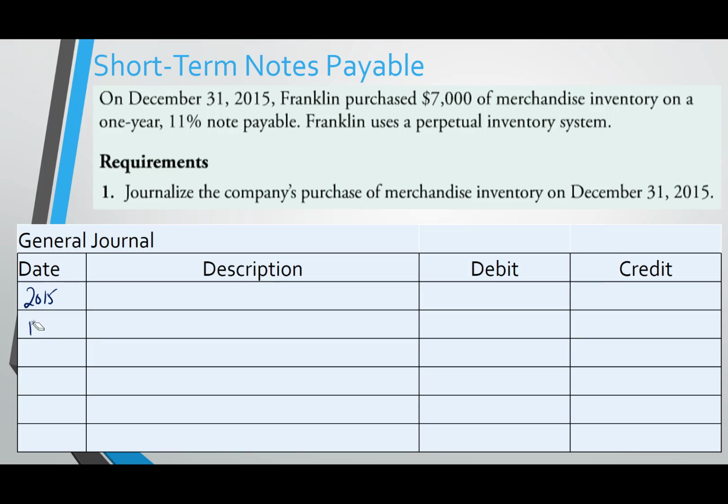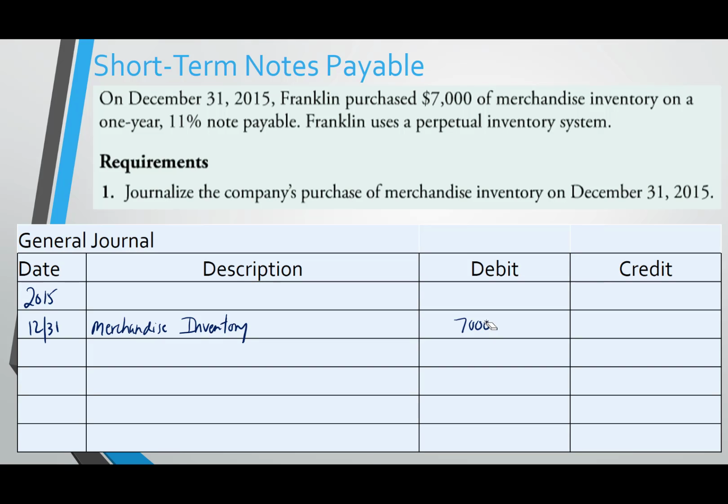Okay, so 2015, and we're going to record the 12/31 transaction. Okay, so we know that merchandise inventory is coming in, so we're going to have to debit that. And that would be for the $7,000.